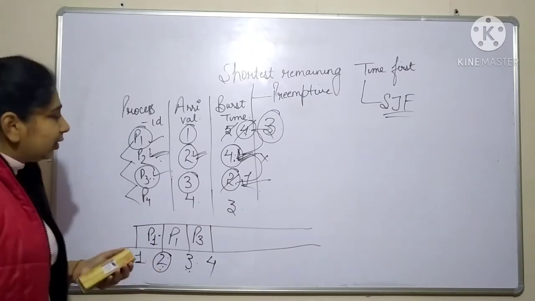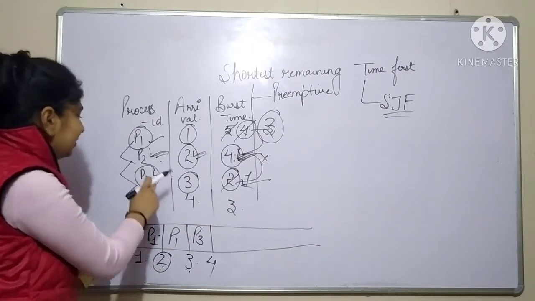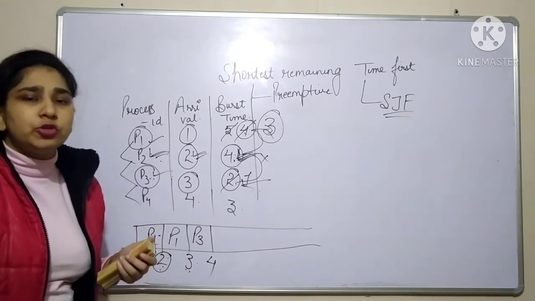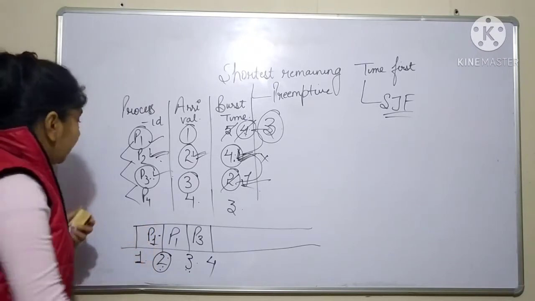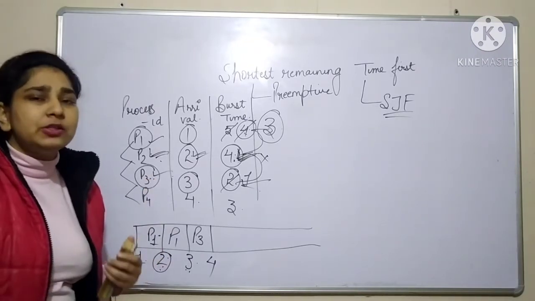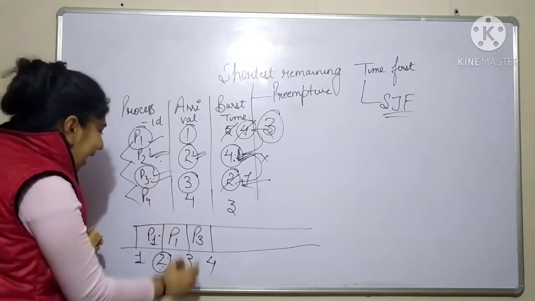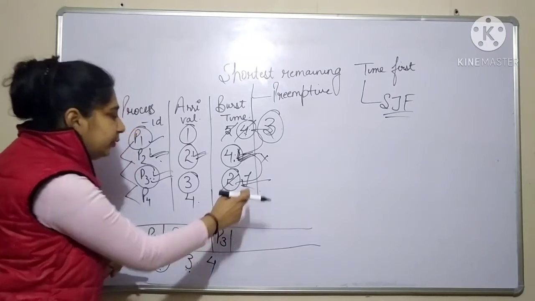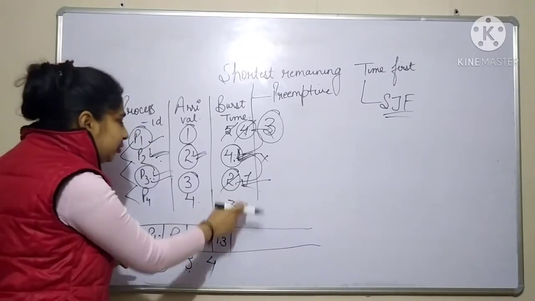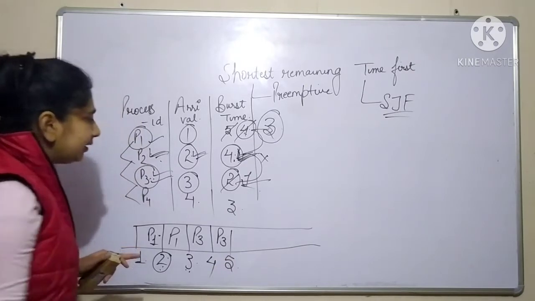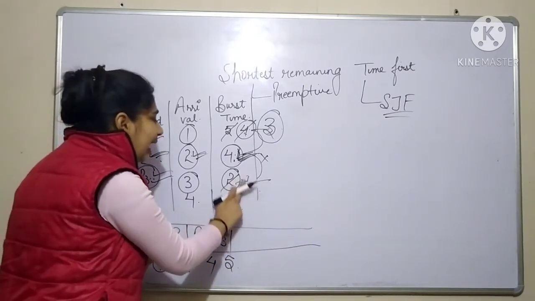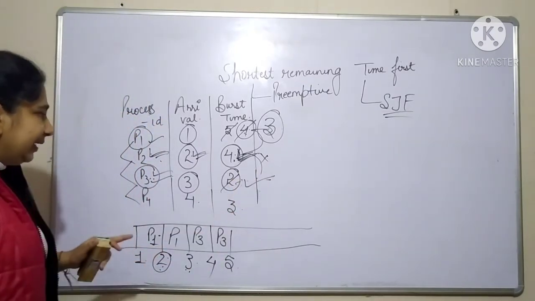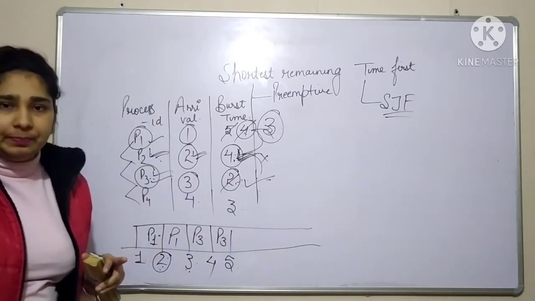So you will continue executing your process P3, because we always give priority to the shortest job first. It needed only 1 unit of time. We will give the CPU to this process for 1 unit of time, and now it has been completely executed.